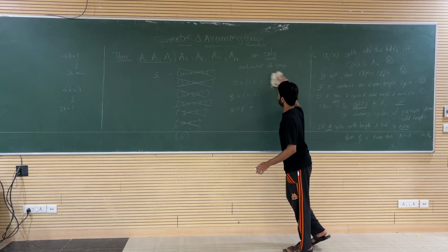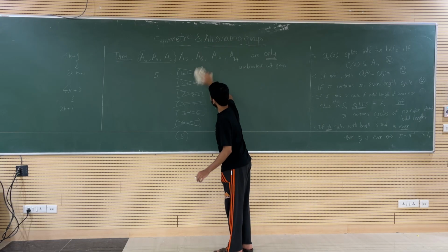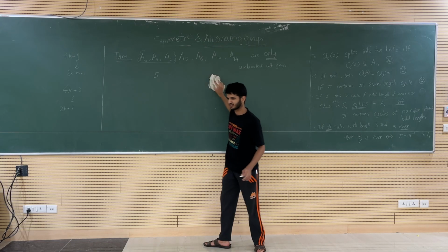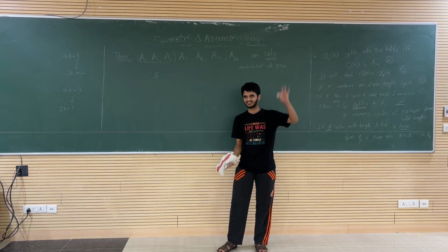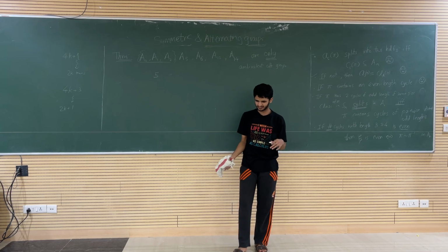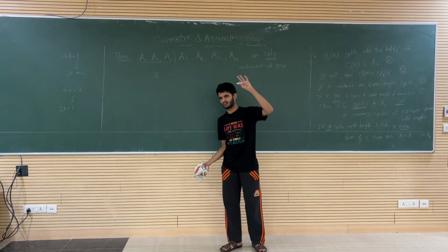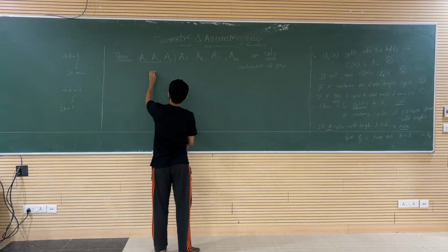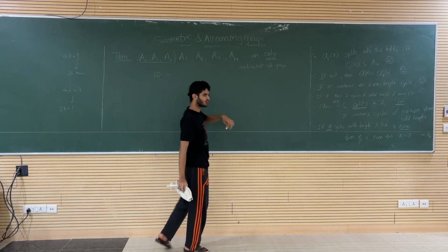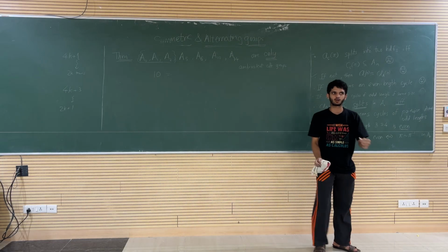Next is A10, right? Now I don't want to write all these things because I think there are 42 partitions for 10. And for 100 it will be around 1 million or 1 billion. The partitions will blow up. Right? So for 10, tell me those partitions which may create a problem.